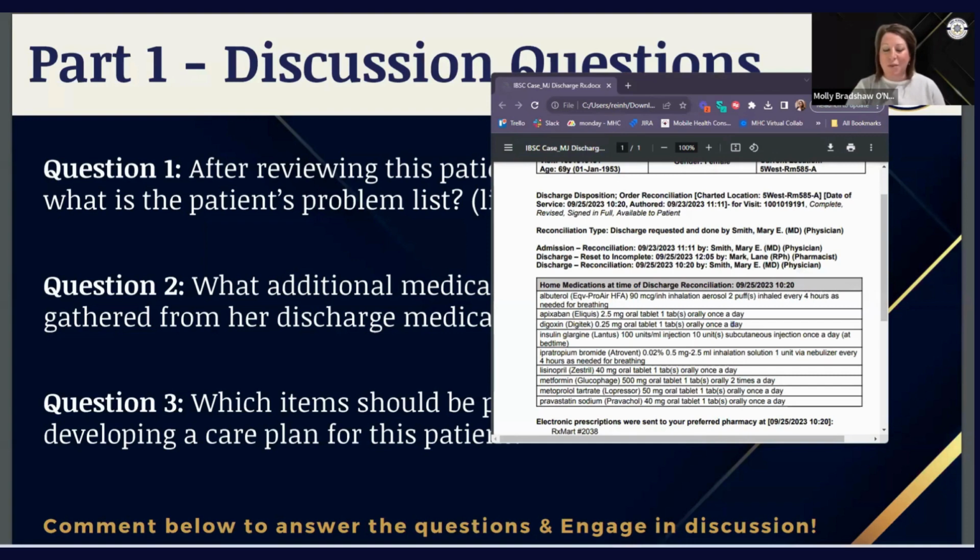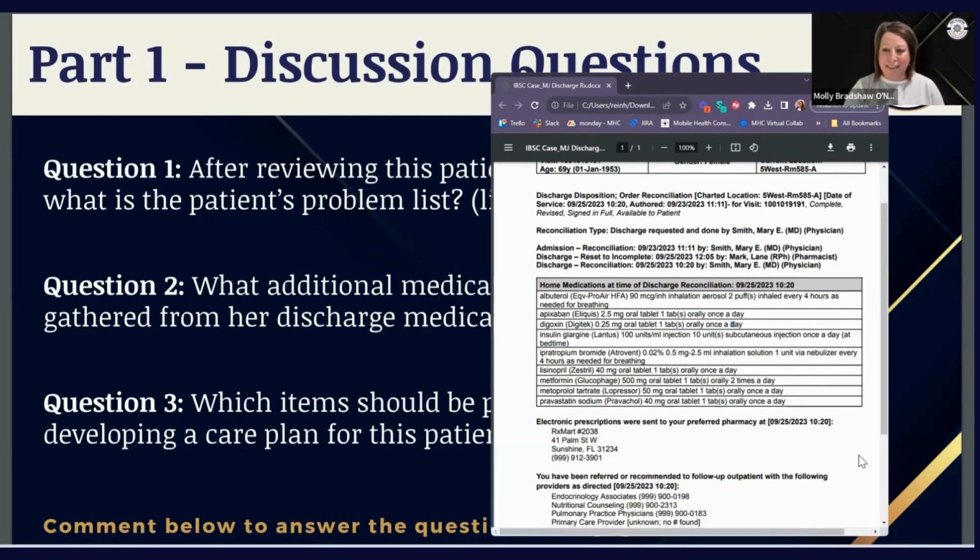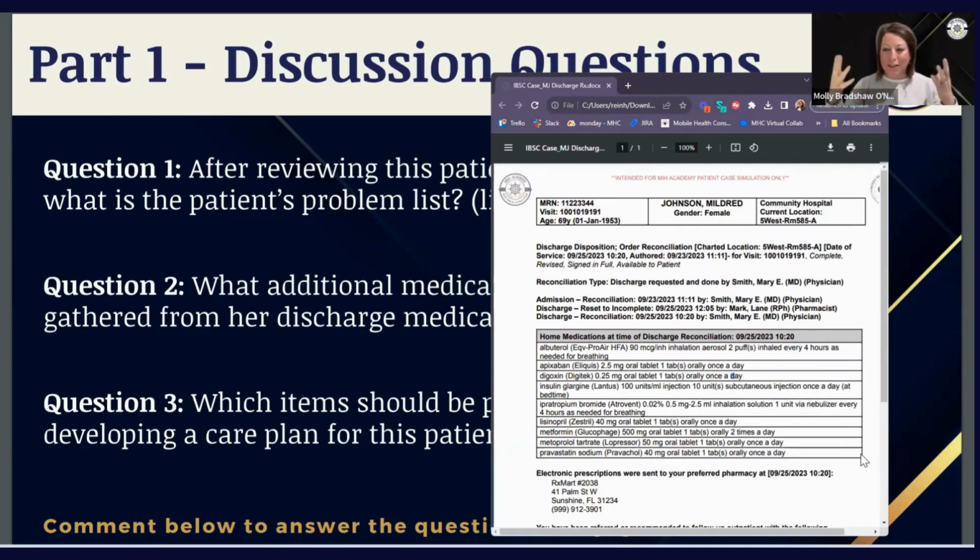That's one of the things that we talk a lot about when we're prepping students to take this IBSC exam. You have everything you need in the scenario to answer the question. So while it's tempting to have this differential diagnosis discussion, be careful to not read more into the question than what's there, right?